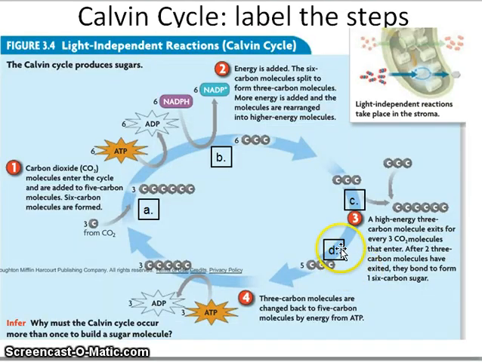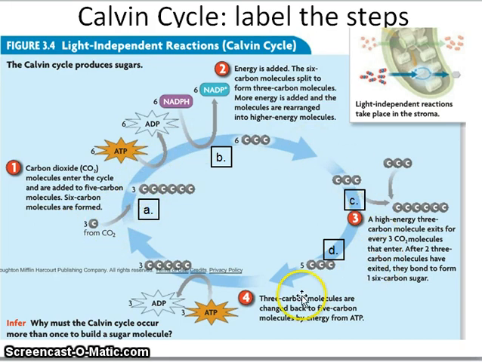So we put this other 3 carbon molecule in, leave it in the cycle, and we'll label it letter D. And these descriptions here can help you as well. So the other 3 carbon molecule stays in with the help of ATP and becomes a 5 carbon molecule, and then the cycle starts all over again. You'll notice that at A, we started with a 5 carbon molecule, added a carbon to make it a 6 carbon molecule.